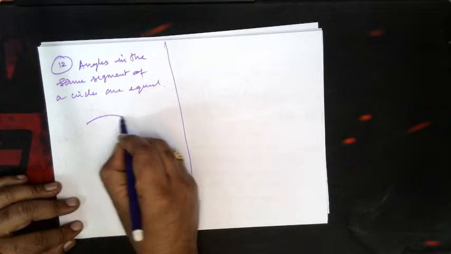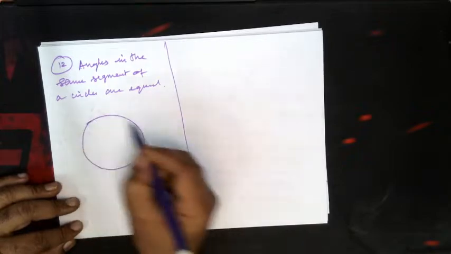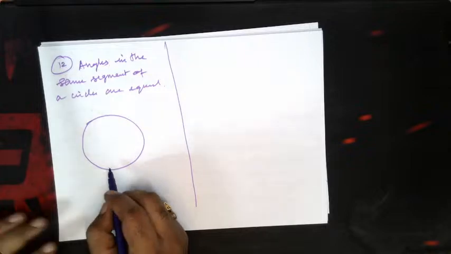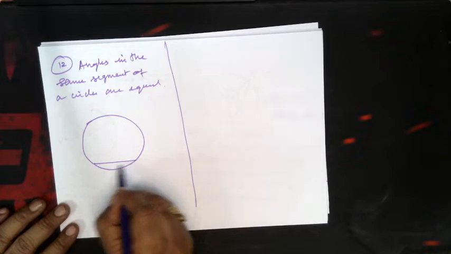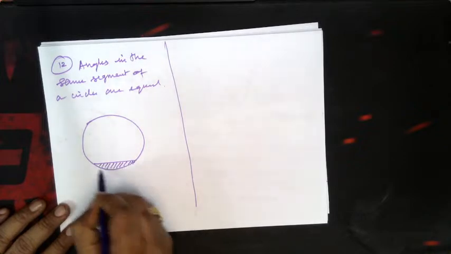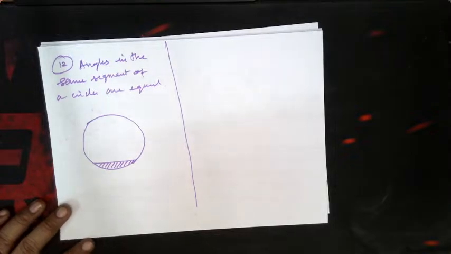First of all, you should know what a segment is. That is nothing but the area covered by a chord and the corresponding arc. And the angles subtended from this will be the same.